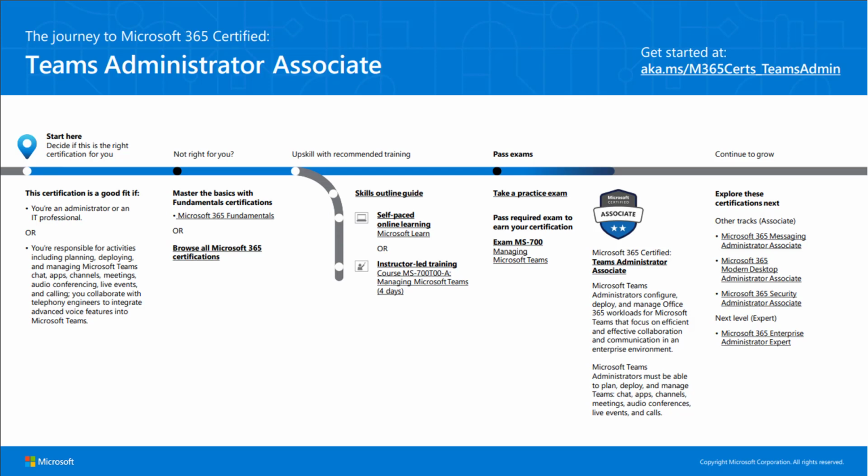If this certification is not the right one for you, you have the option to move to another certification, for example the fundamentals certification, MS 900. Or you can change to another track, like the Microsoft 365 track, by going through the exams MS 100 or MS 101. Or you can go through modern desktop or security.